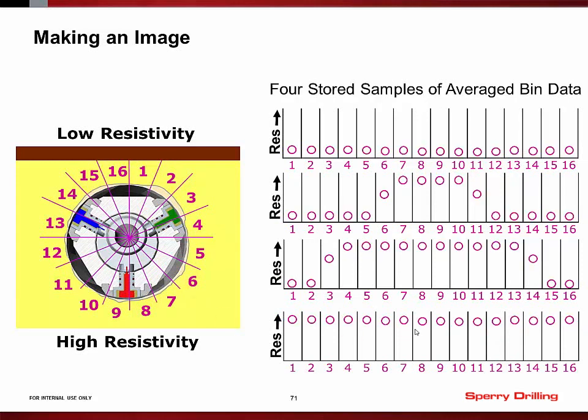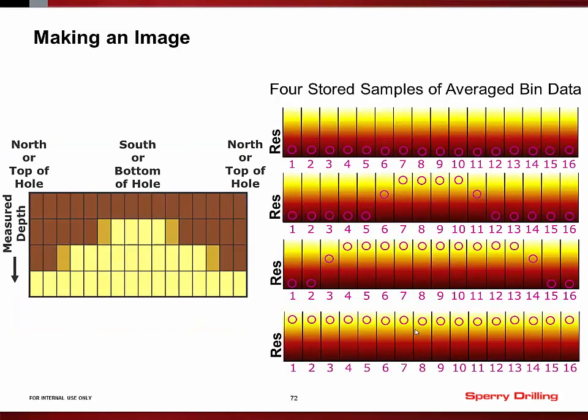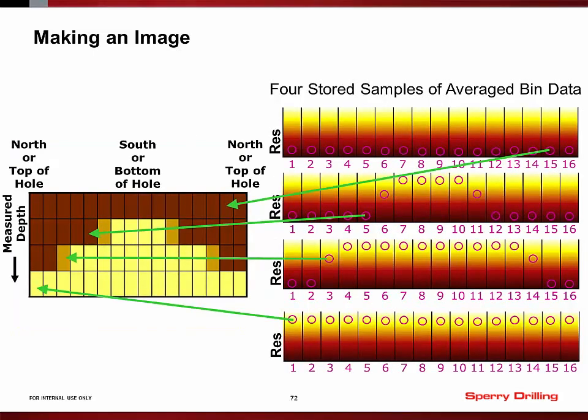Then we take an average of the resistivities in the azimuthal bins, and we can assign color coding to those values. So we take this color scale from low resistivity to high resistivity, from dark to light colors, and we can assign particular values to a particular color and then present that on a log.